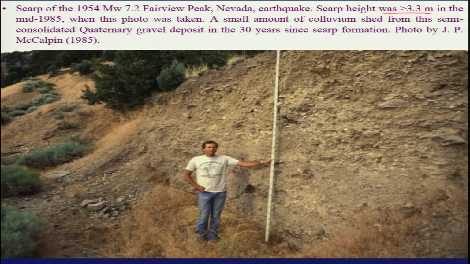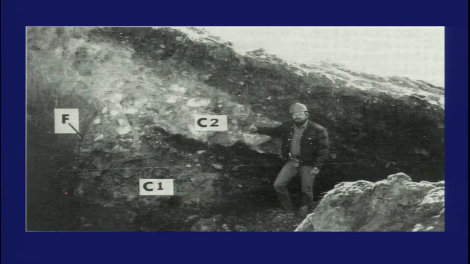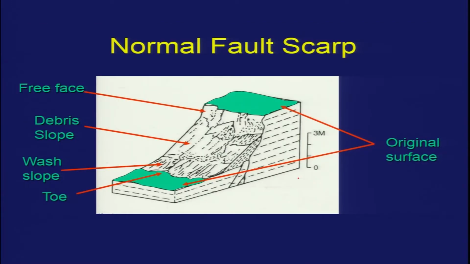So we will have the coarser deposits here and the finer ones sitting a little farther away, and that is what we call the wash slope deposits. Based on this, we have C1 and C2, two colluvial deposits. At least you can infer that this fault has experienced a minimum of 2 earthquakes based on the exposed section in this trench.